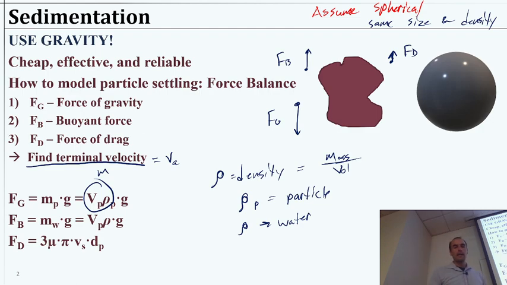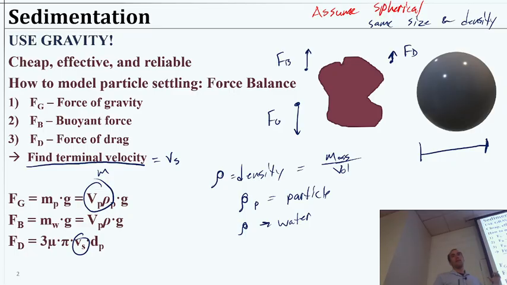Now the force of drag, this is coming from, again, the surface area and all of that. So if we take a look, this is going to be 3 times mu, which is the dynamic viscosity of water, times pi, times the settling velocity, Vs, and that's the term that we care about, times the diameter of the particle.